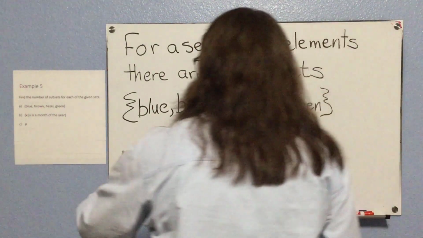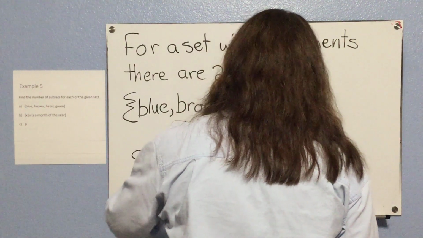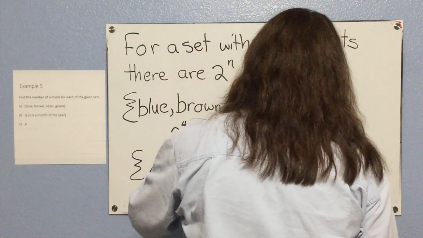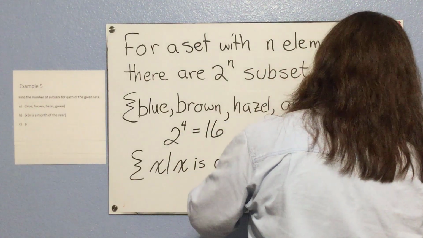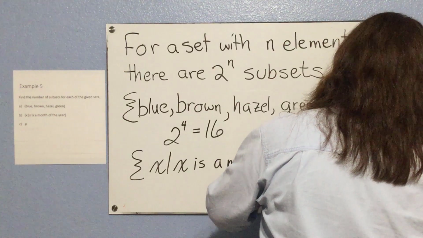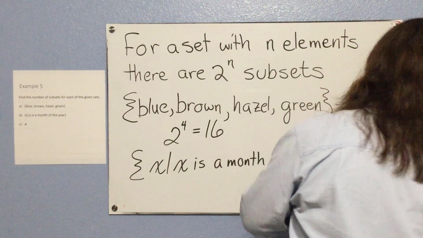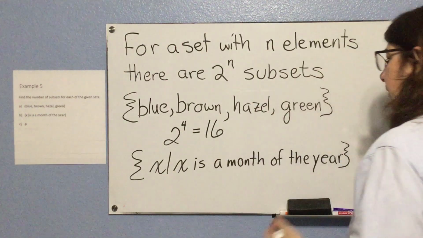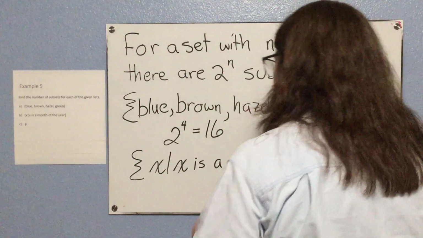Okay, here's another set. X such that X is a month of the year. Well, there's 12 months in the year, so there would be 12 elements in that set.